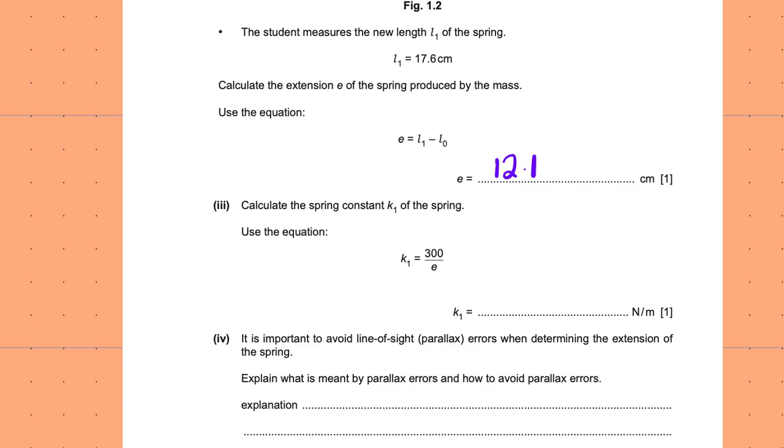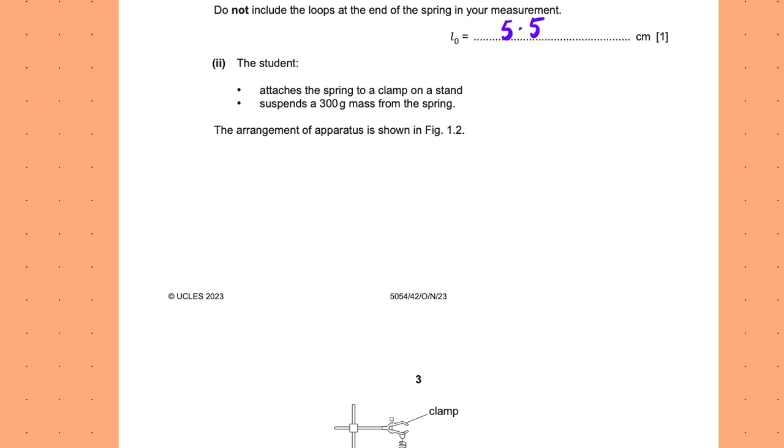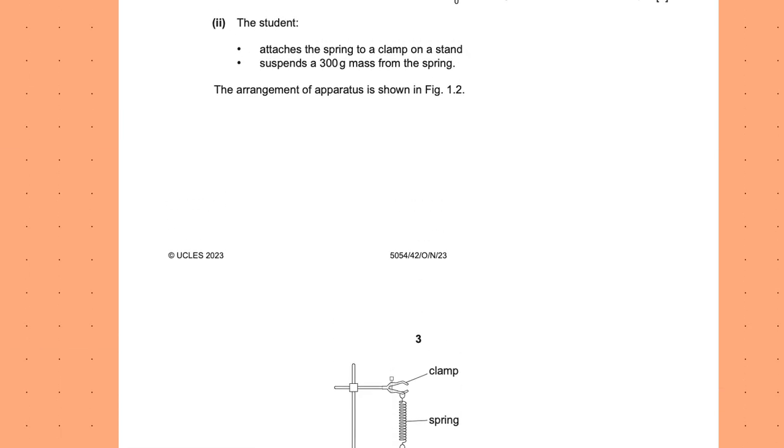Calculate the spring constant K1 of the spring. So again, we have the extension. We just need to plug this into the formula. Just note that this is in cm, whereas the spring constant is asked in Newton per meter. So you'll need to convert this to your SI units. So again, 300 was the mass as well, so 300 grams this was.